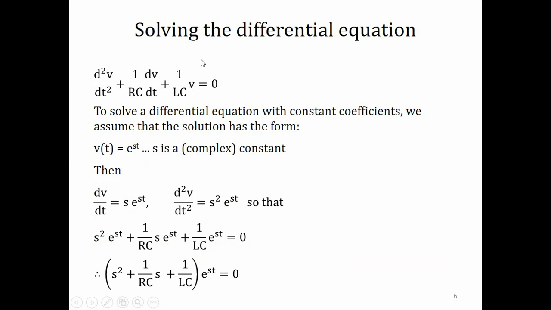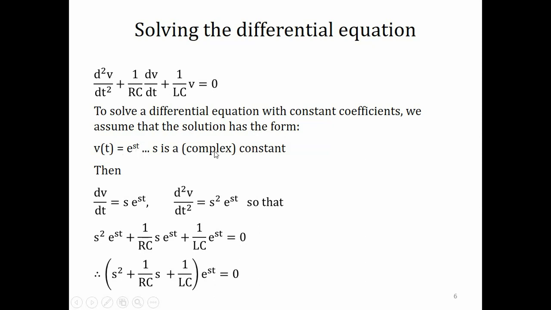The differential equation of this type with constant coefficients can be solved by assuming that the solution, V as a function of time, is of the form e raised to st, because people have done this a zillion times before. So it's an exponential function of time, where s is a constant.